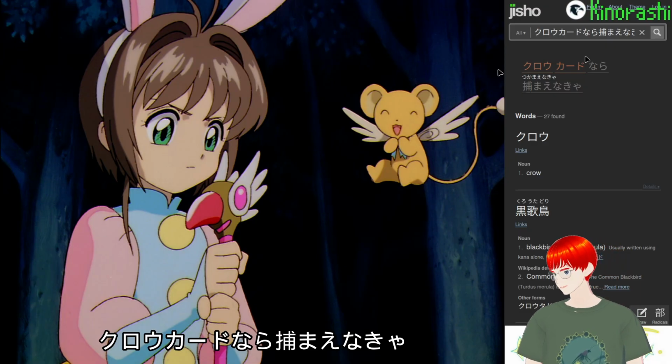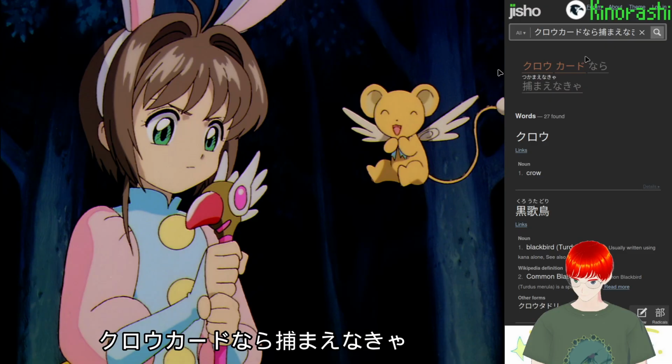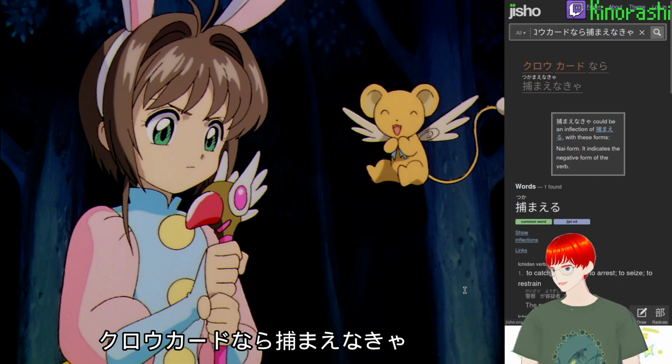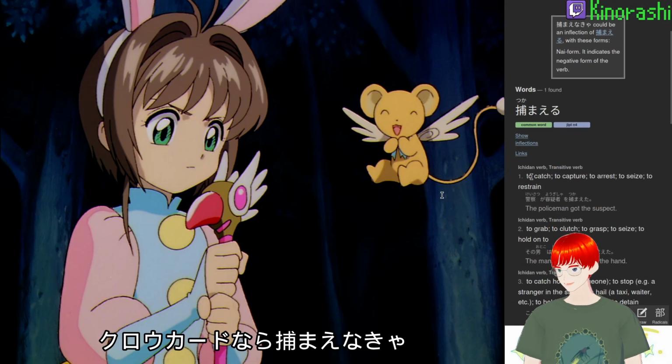Yeah, this is a shortening of atsumae nakereba, and atsumae nakereba is a shortening of atsumae nakereba ikemasen, or in other words, the phrase of you have to, in this case gather it. Let's see, it's to gather, right? No, it's to catch. Okay, it's not gather, it's catch. Wait, so this is tsukamaeru.